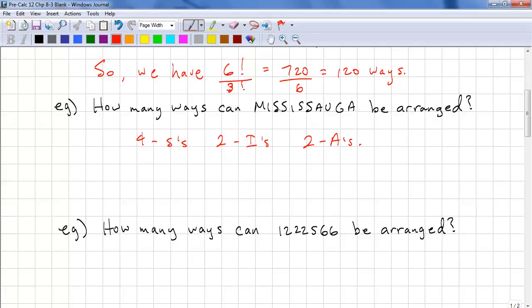There are 1, 2, 3, 4, 5, 6, 7, 8, 9, 10, 11. There's 11 letters, so there's 11 factorial permutations. But we have to divide by 4 factorial, 2 factorial, and 2 factorial. So we divide it by all the repeats, and we get 4,158,000 ways.